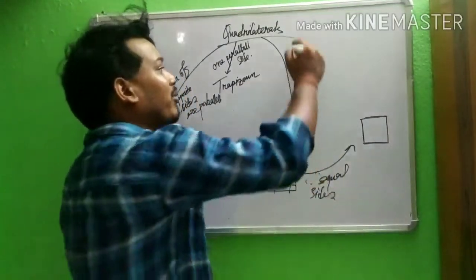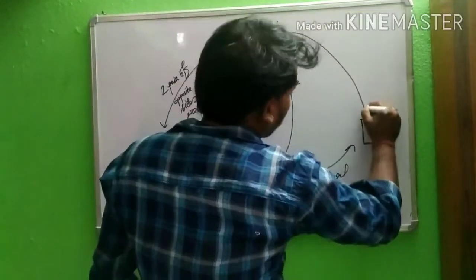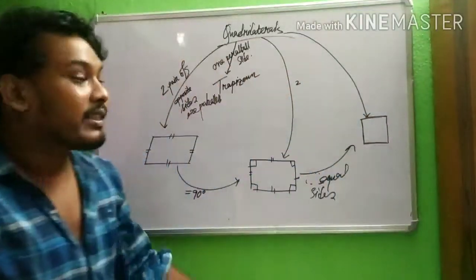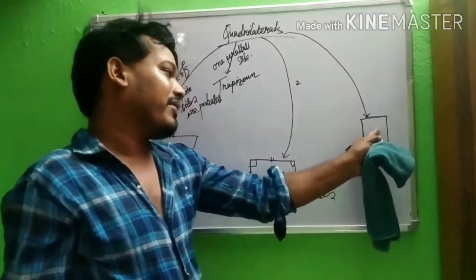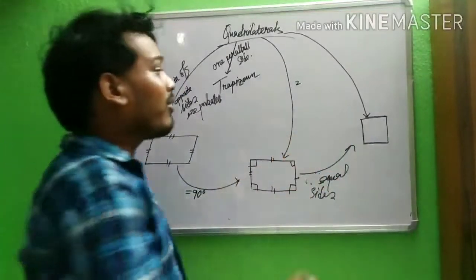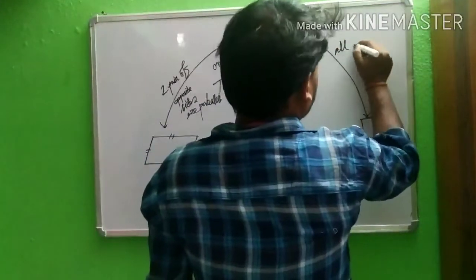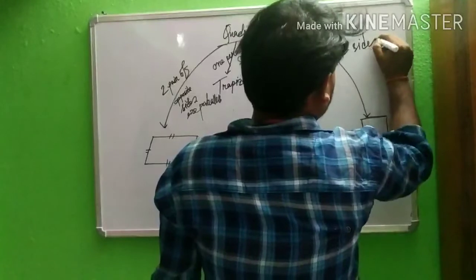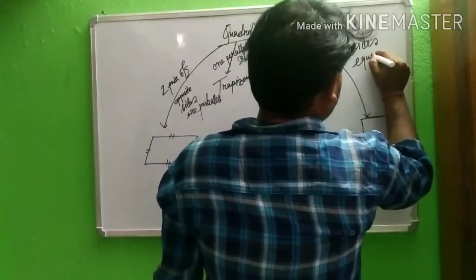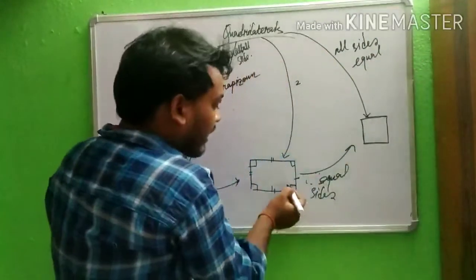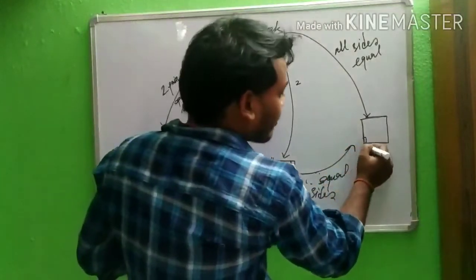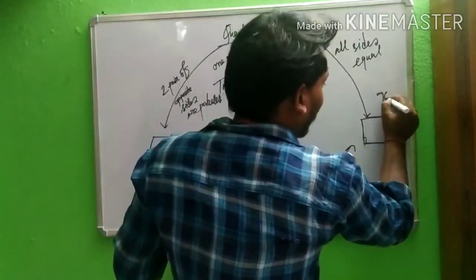Or you can give the definition from here. So which conditions are applied in a square? All sides equal, and here all angles 90.